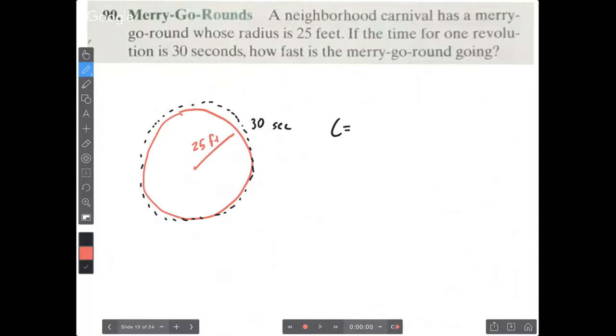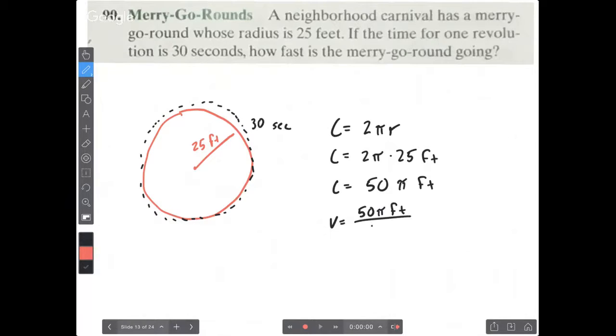What's the circumference? Circumference equals 2 pi times the radius. So in this case, circumference equals 2 pi times 25 feet. So circumference here equals 50 pi feet. And that's our distance. So speed, the linear velocity, equals 50 pi feet over 30 seconds. And calculator?